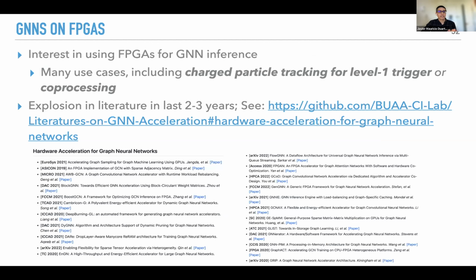This is just a link with a small subset of these papers, all proposing a new kind of system or accelerator workflow for accelerating these GNNs. And so I think it's worth exploring all of these solutions because we don't know which one is actually going to be the best for our use case.